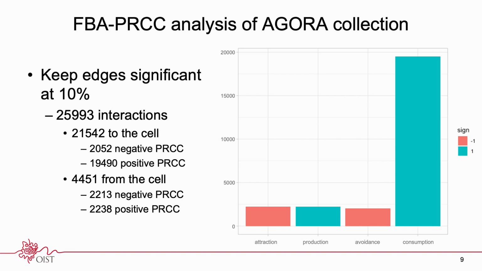What's interesting is that the level of attraction and avoidance is almost the same as the level of production. Because we have just introduced that concept, we expected the number of that type of interactions to be much lower.